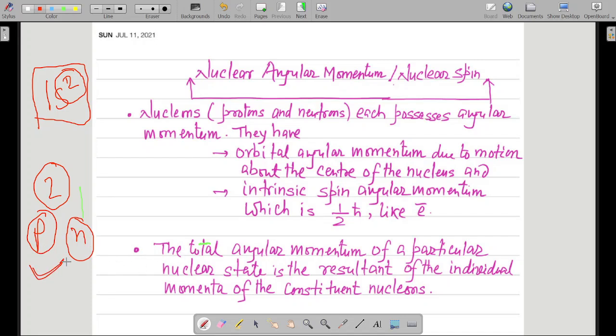Now it has two nucleons. Suppose it has one proton and one neutron. Then you will add the momenta of this proton and the momenta of this neutron. That will be the resultant of the individual momenta of the constituent nucleons. That's the meaning of this.